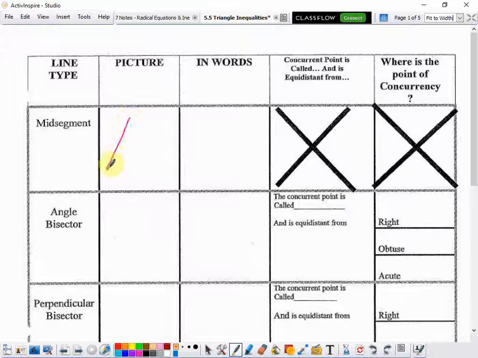So a midsegment connects midpoints. So that right there is a midsegment. It connects midpoints of two sides of a triangle.